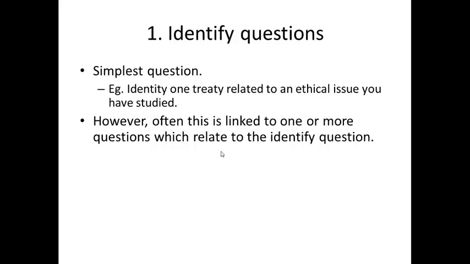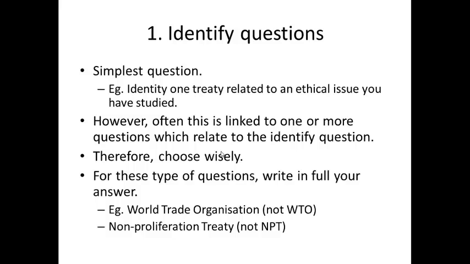If you get one like identify one institution of global governance, I think most people would probably pick the UN. Because if the next 3 questions are on your first answer and you pick the WTO, you might struggle to elaborate on the WTO in the next 3 questions. So pick the one you can write the most about. Choose wisely.